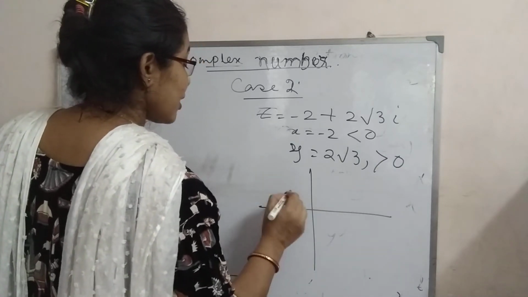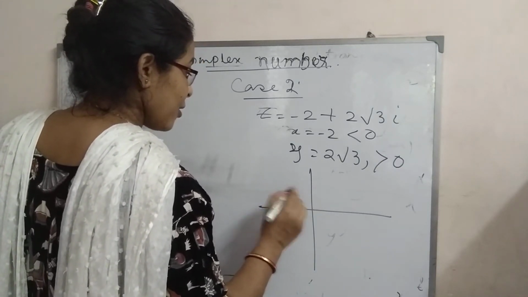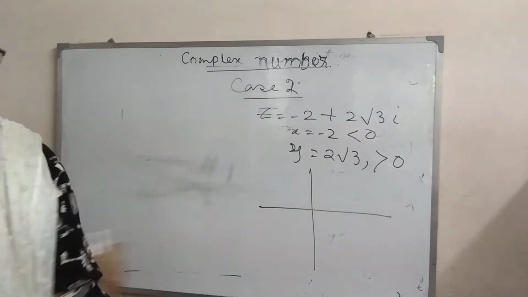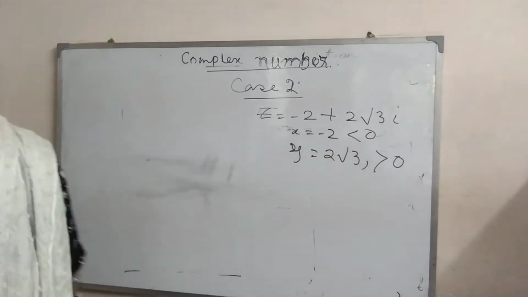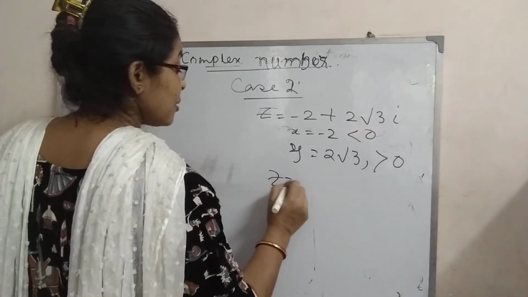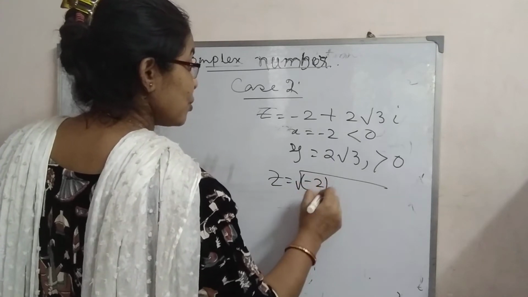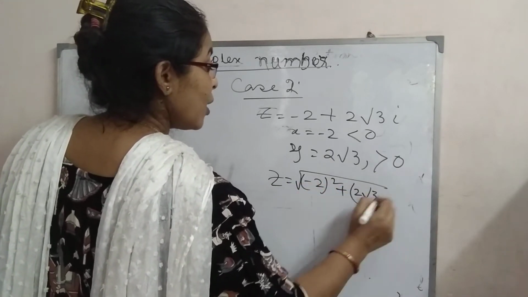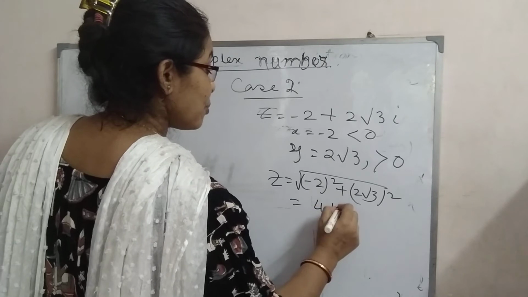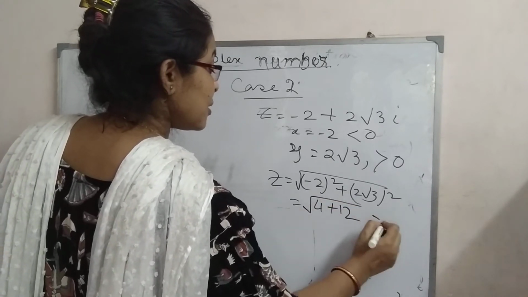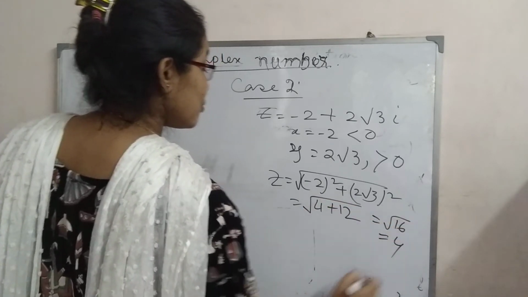Here this point P lies in the second quadrant. And mod z equal to root over minus 2 whole square plus 2 root 3 whole square, equal to 4 plus 12, equal to 16, equal to 4.